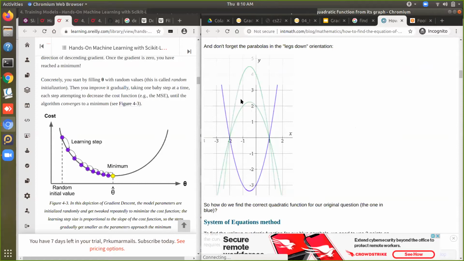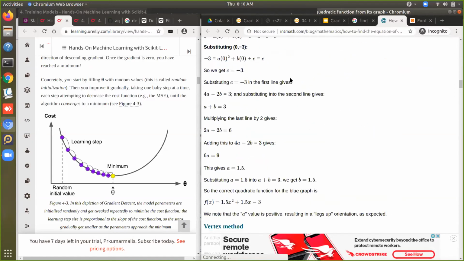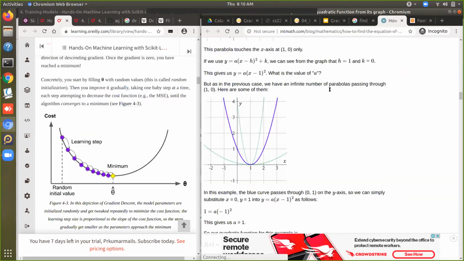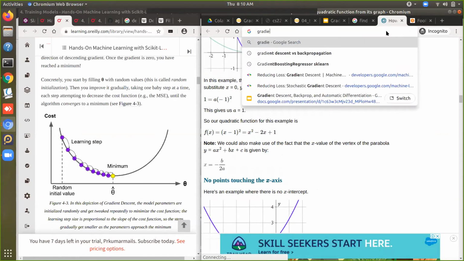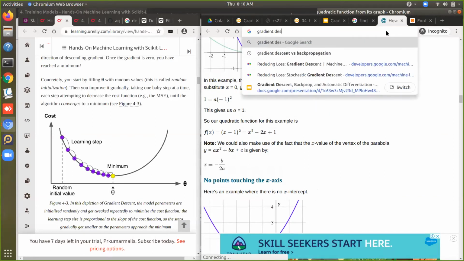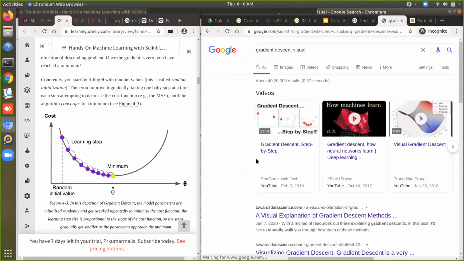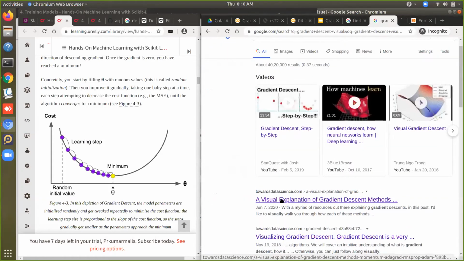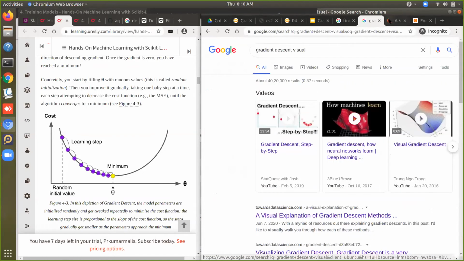For our case, we never get this, where the legs go down. We will see something like this, bowl shaped.